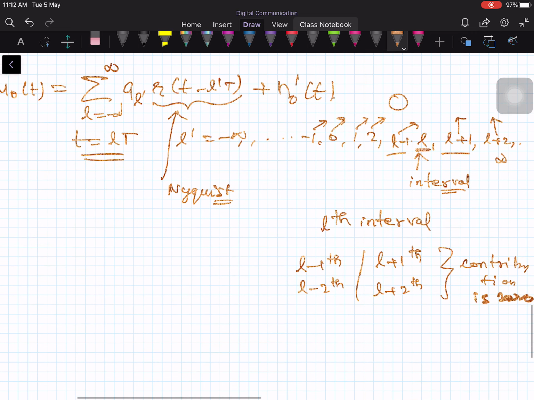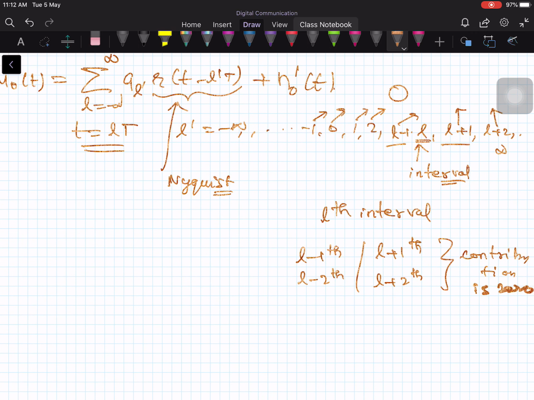So when you consider only the Lth interval, the remaining terms in the summation can be neglected.